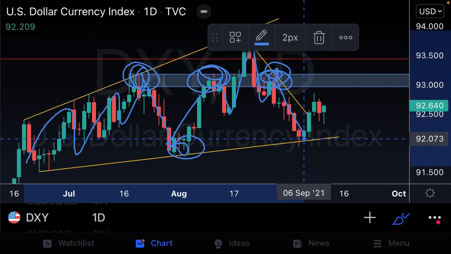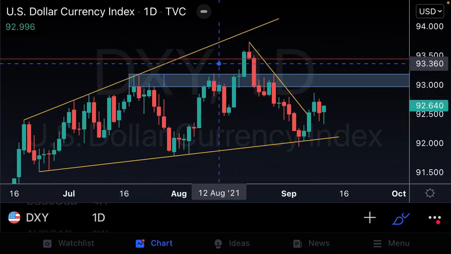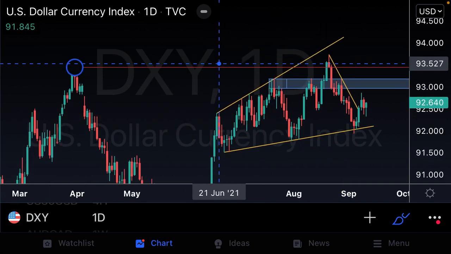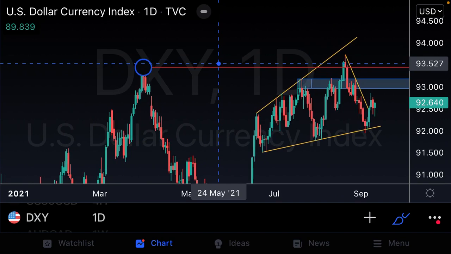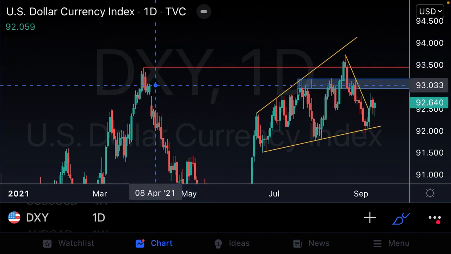So guys, you can see that we've tested this area a couple of times, and so now this area has also become an area of value for me. Why is this an area of value? Because if we look at the extreme structure, we've identified some higher time frame resistance areas up there. So we know that we're running into some weekly and also some potential daily resistance areas.